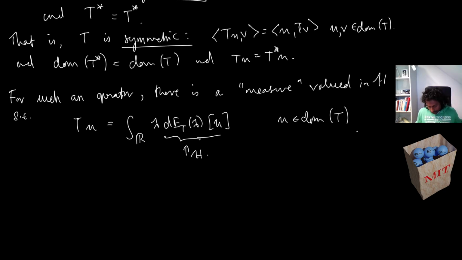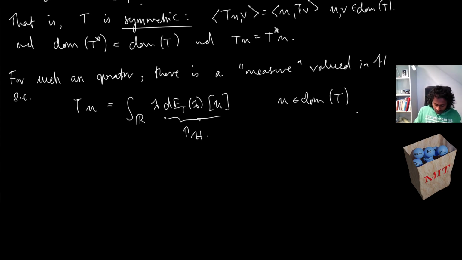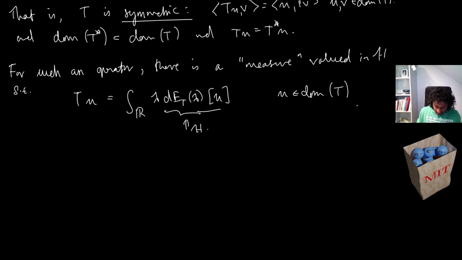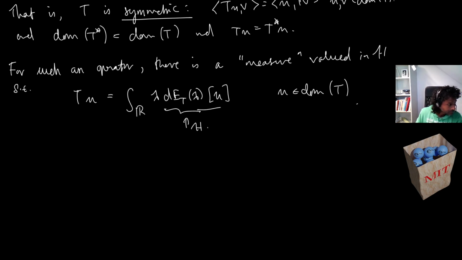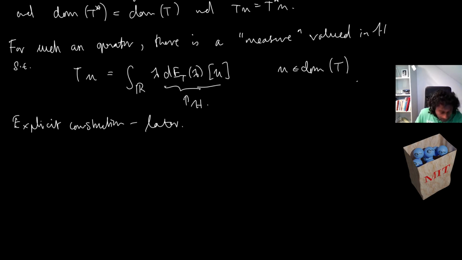We will consider a more general setup later on, but I just want to rehash this and mention it. Okay, so for the moment, let's not get stuck into the details of it. Explicit construction later. Okay, so let's not worry about it for the moment.